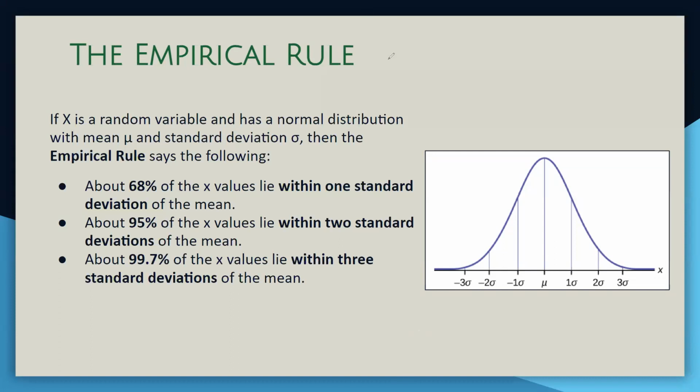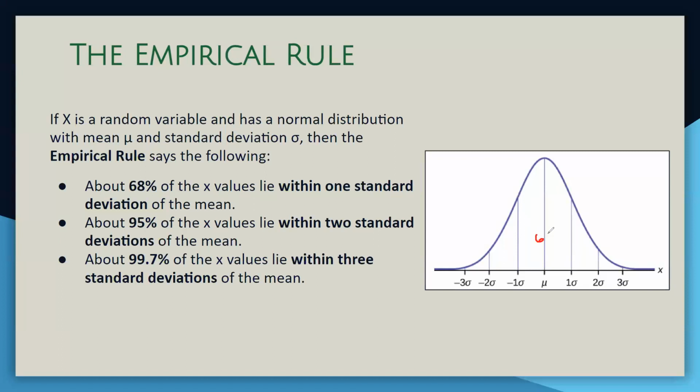So let's take a look at what that looks like on that picture. You can see that this axis has been labeled with the mean in the middle, and then 1 standard deviation below, 2 standard deviations below, and so on. And it says 68% lies within 1 standard deviation. So that's from this point here all the way across.